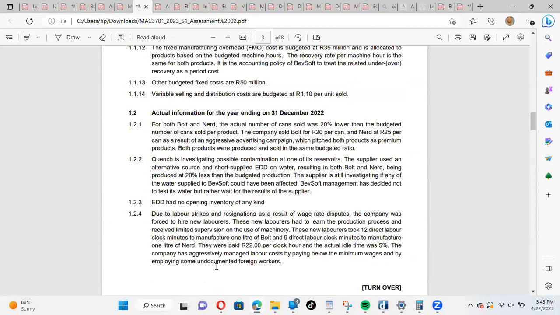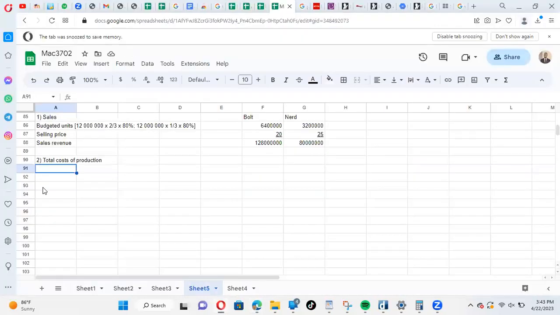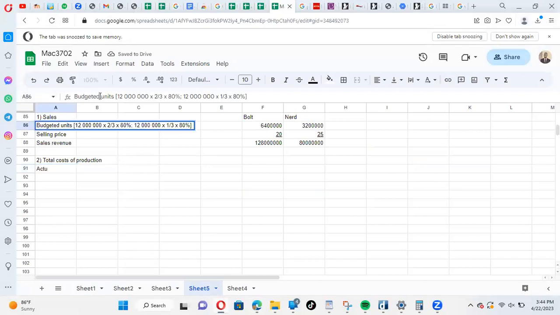So let's put up the actual production, and correct that since we had written budgeted there. Now it's actual production.